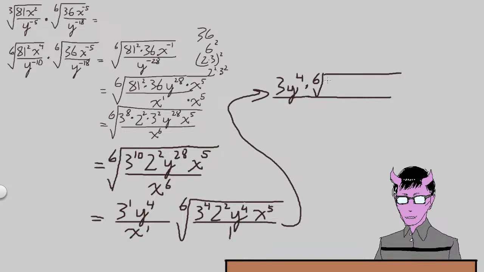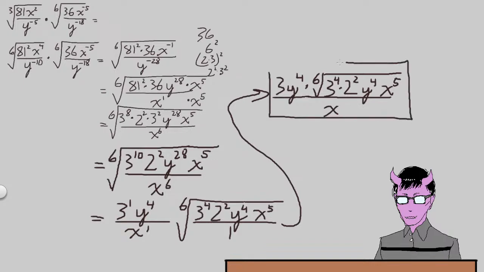So we have 3 to the power of 4 times 2 to the power of 2 times y to the power of 4 and then x to the power of 5 all over x to the power of 1. This is the cleanest I can make the answer. I don't wish to multiply those out because that's a waste of time. And I think that's it for now.